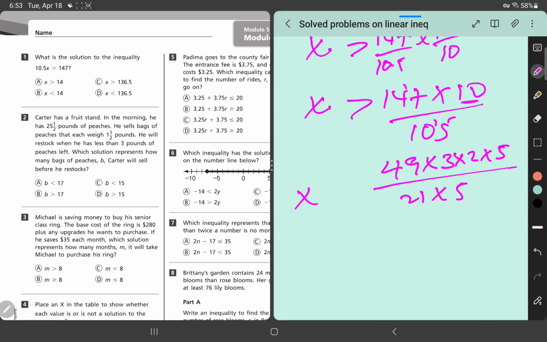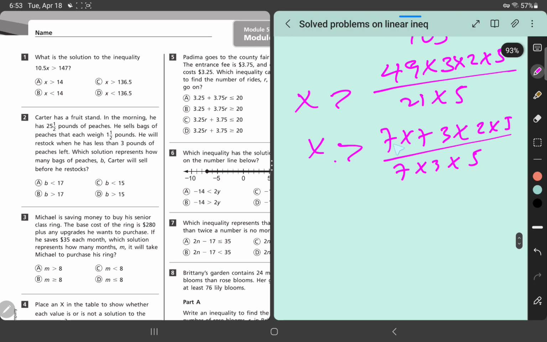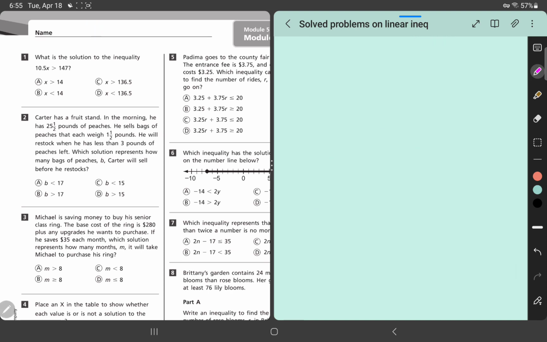Your x is greater than 7 times 7 is 49, times 3 times 2 times 5 over, instead of 21 you can write 7 times 3 times 5. Now you can cancel the 7, the 3, and the 5. So your x is greater than only 7 times 2, 14. That's the solution.